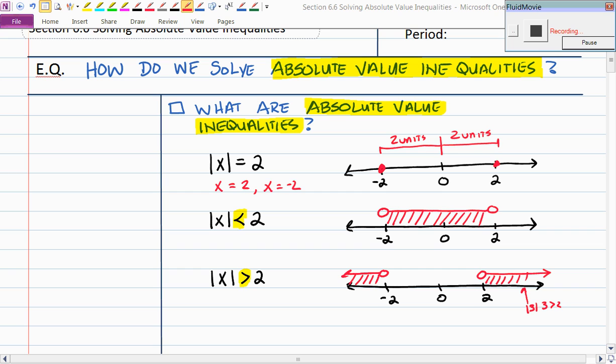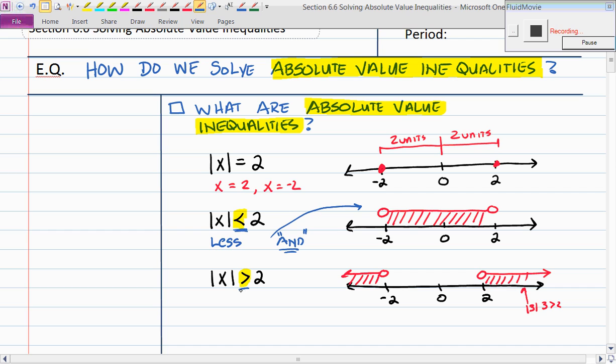So this brings up something. Notice that this is a less than statement, and notice that it produces an "and" picture. That is something we studied last Tuesday. It makes an "and" picture; it's something that's in between.